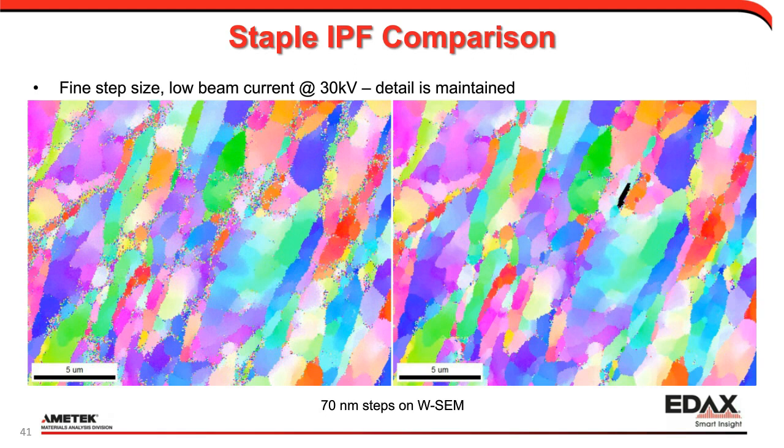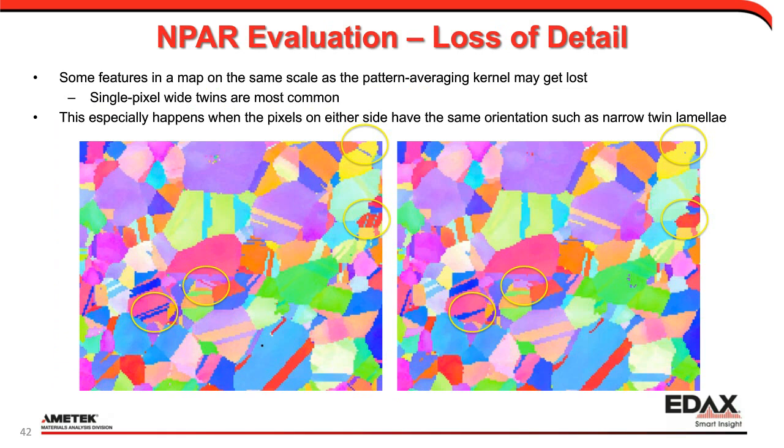The main difference with NPAR, the thing I have seen us lose, is small scale features. That loss of detail usually has to do with small twin boundaries. Without NPAR, you can see in the bottom left there's a small twin right between the two purplish bluish grains. That tends to be lost in NPAR.